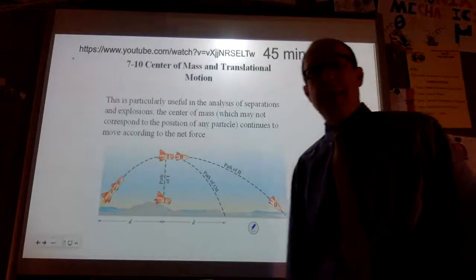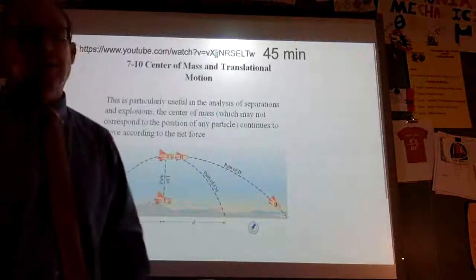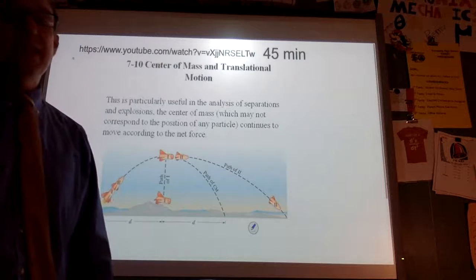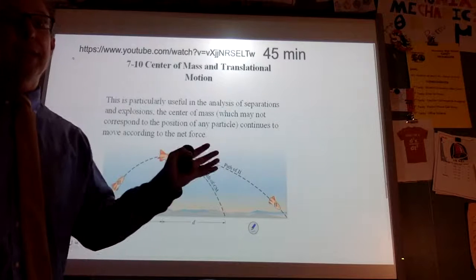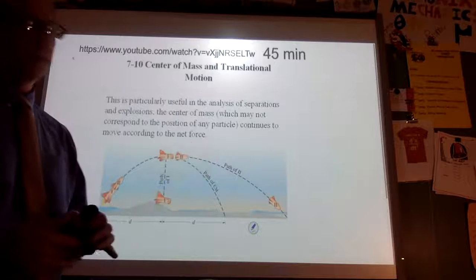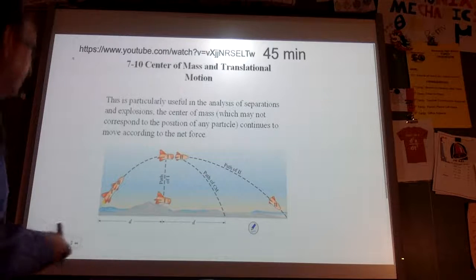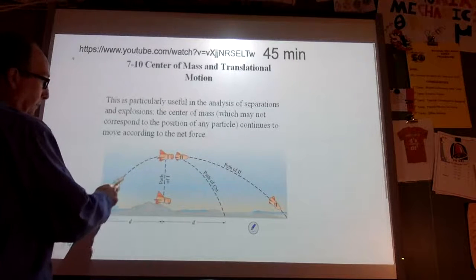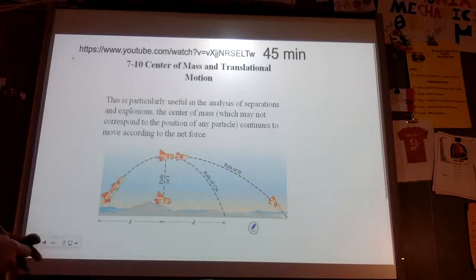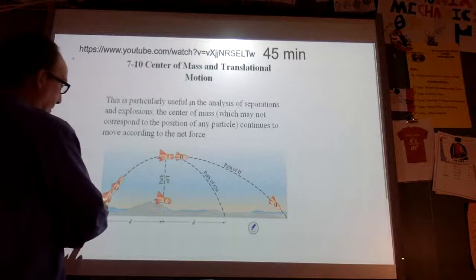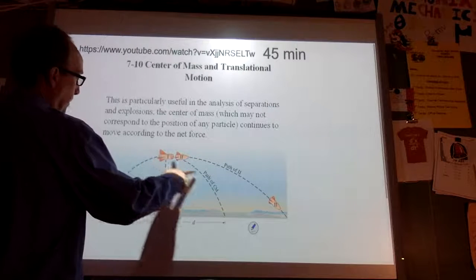It's the center of mass that follows the parabolic path. This is interesting when things separate, when things explode. In this case, you have a rocket that is taking off, and it stops firing here and is going to become a projectile.